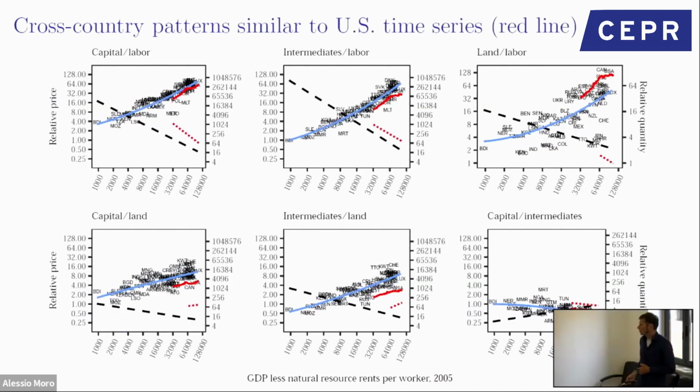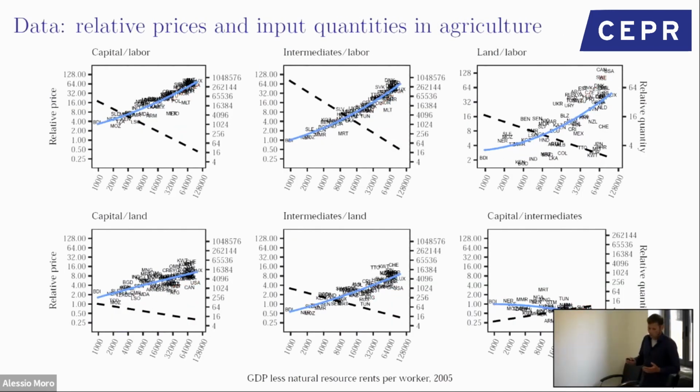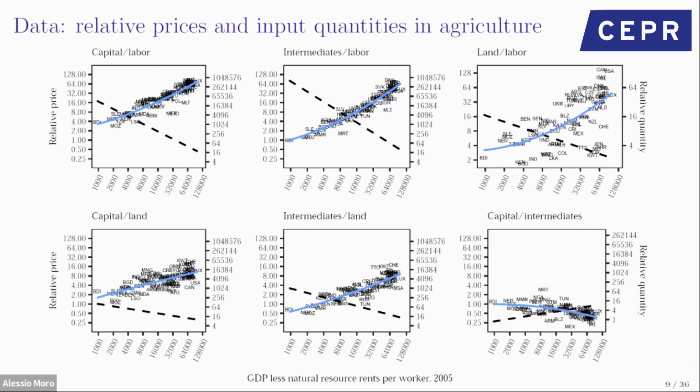So the other thing we can plot, now that we have quantities and prices, is cost shares. I guess it would be interesting to see, because the first two pictures you can do also for non-agriculture, and qualitatively it would have the same shape. Yes. There we take the view that there are just two factors, capital and labor, and it takes the same qualitative shape, but it's less deep.